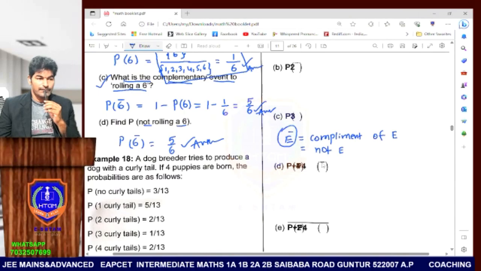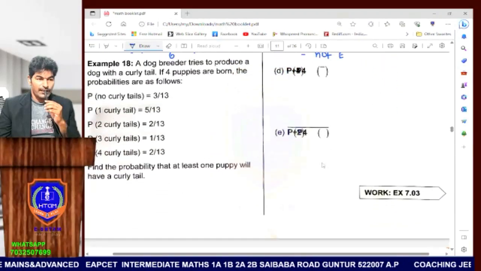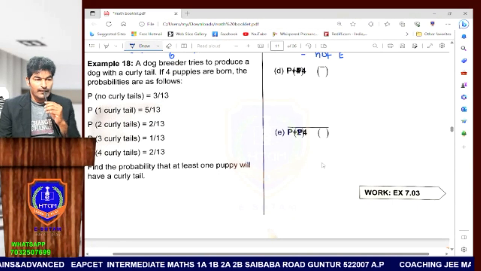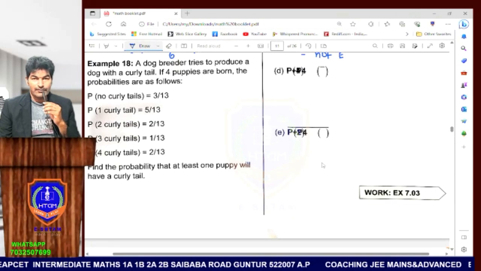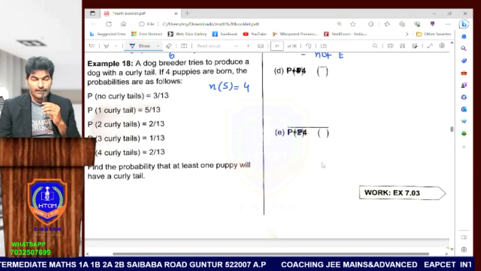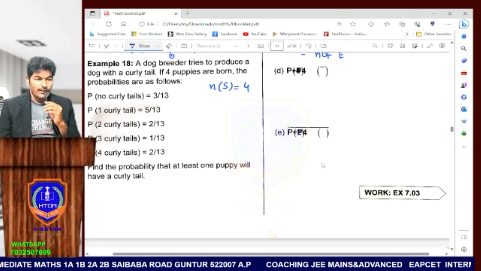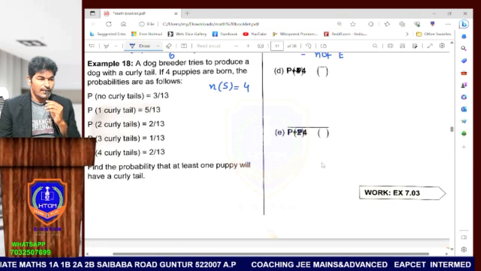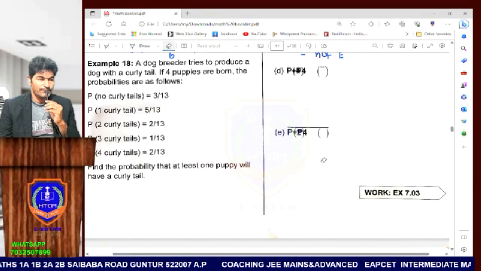Okay. Next, example 18. A dog breeder tries to produce a dog with a curly tail. If 4 puppies are born, the probabilities are as follows.